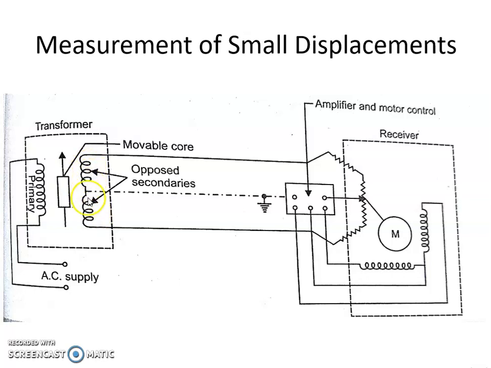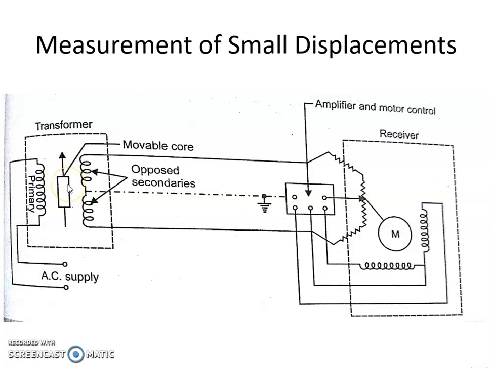The two turns of the secondary winding are connected in such a way that the voltages induced across them are equal in magnitude but opposite in direction. The primary and secondary windings are linked through a common core. At normal condition, the core is present at the center.